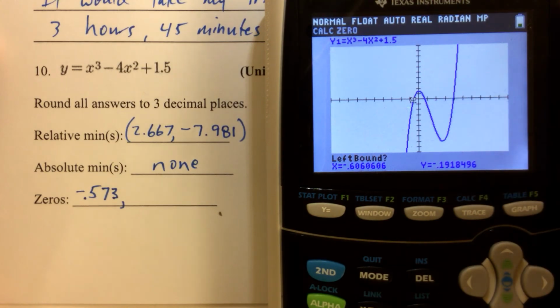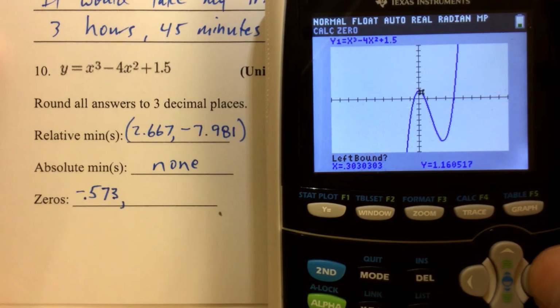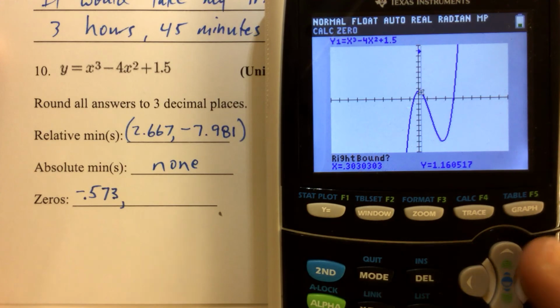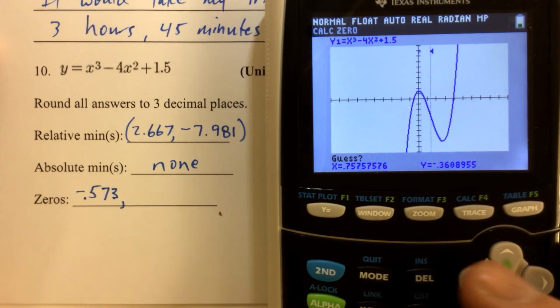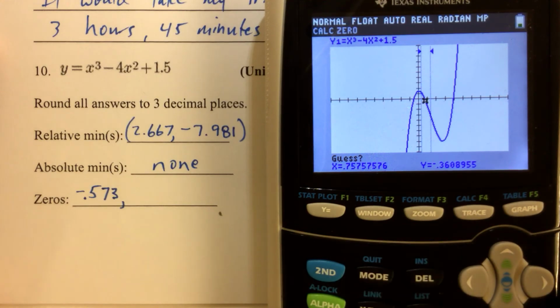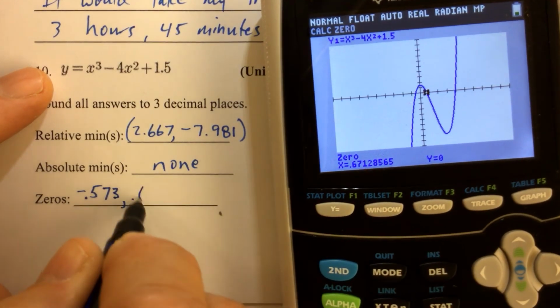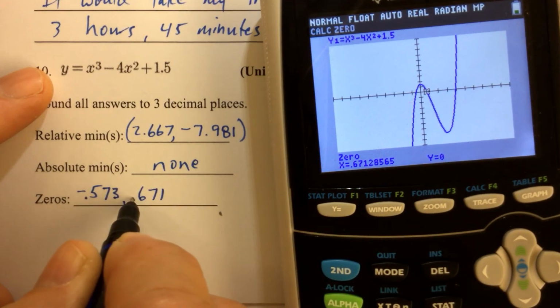You know what, I'll save that for the next one. So the left bound, we have the cursor to the left of that zero, and the right bound, we move the cursor to the right, and then we move the cursor back up for our guess, and we hit enter, and we can see we have 0.671. So 0.671 is our second zero.